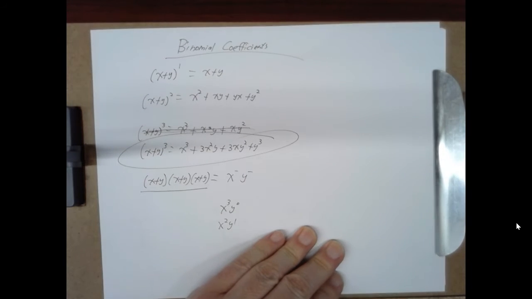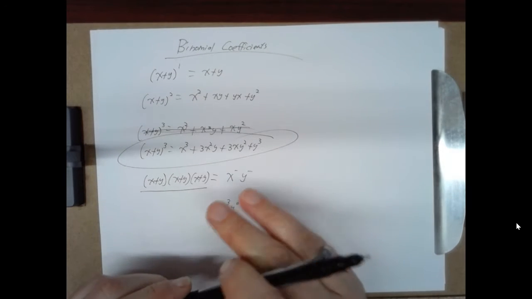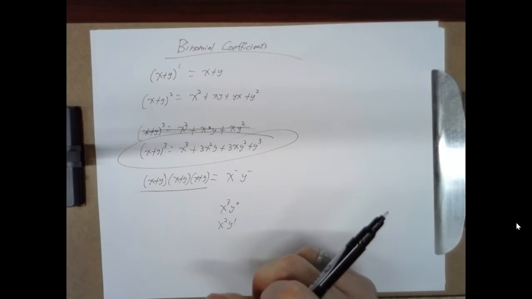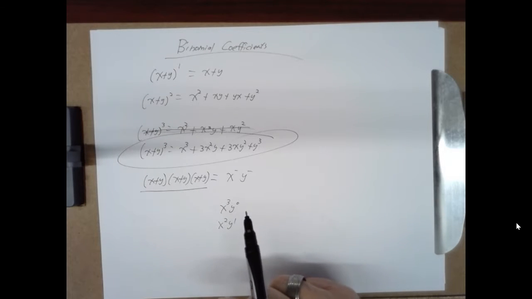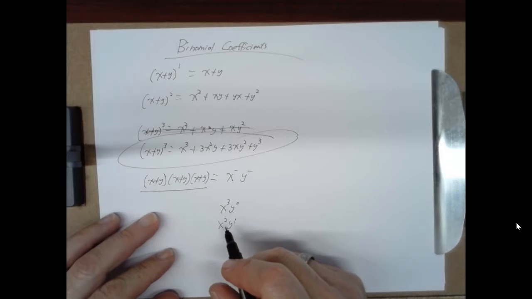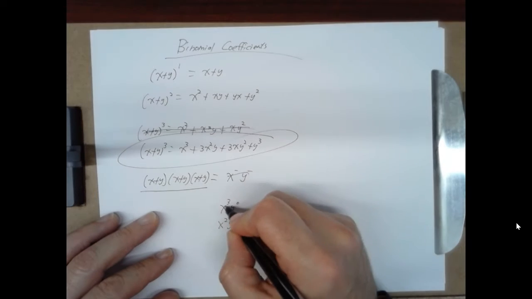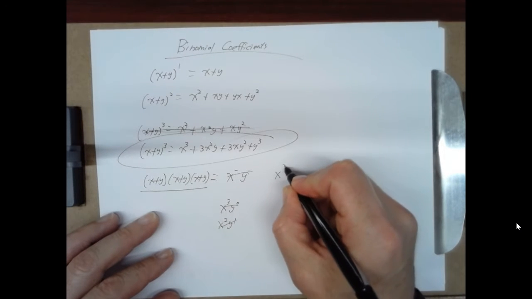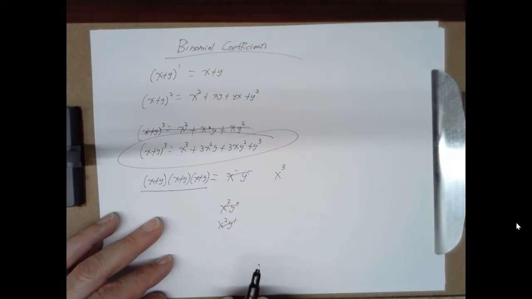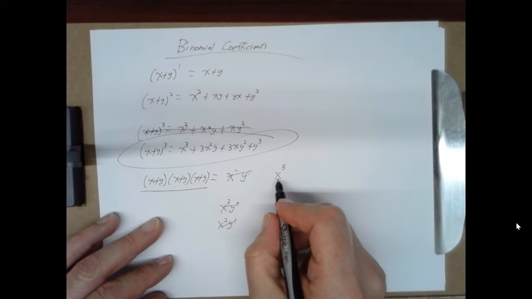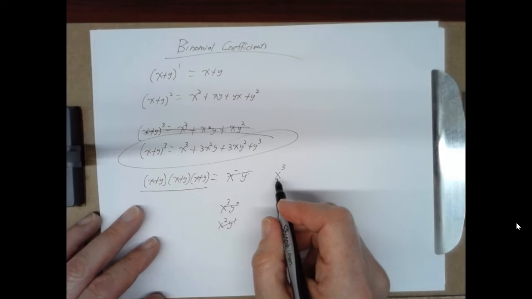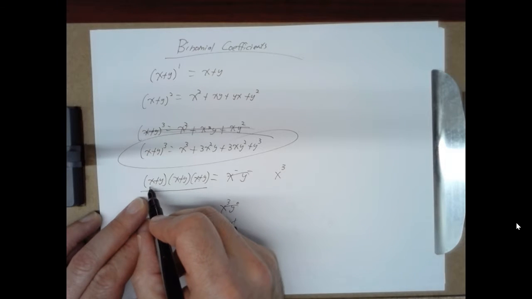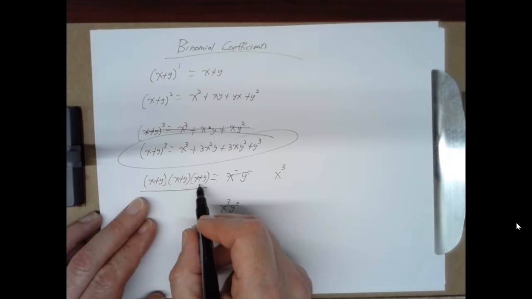Well, we can relate this to combinations. Because what we're doing is, let's just look at the term x cubed. The only way that we're going to get a product that's equal to x cubed is when we choose the first term from this expression, the first from this, and the first from this.